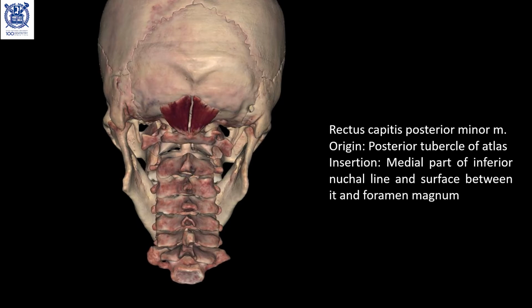It arises by a narrow pointed tendon from the tubercle on the posterior arch of the atlas and widens as it ascends, and is inserted into the medial part of the inferior nuchal line of the occipital bone and the surface between it and the foramen magnum, and also takes some attachment to the spinal dura mater.